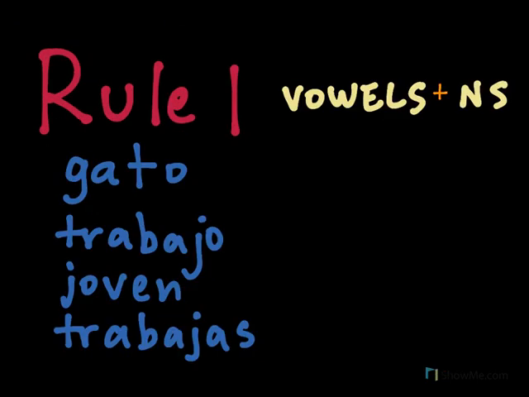Rule number one, those are the examples. You have vowels plus N and S. So if a word ends on a vowel or N and S, that is rule one. Case number one, gato, cat. Does it end on a vowel? Yes. Is it rule one? Yes. Do you pronounce it gato or you pronounce it gato?